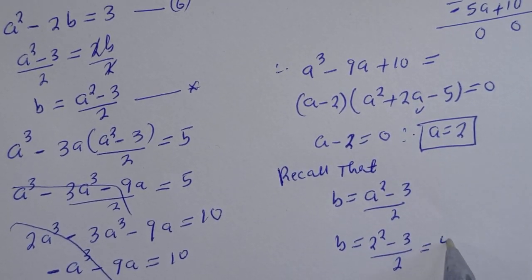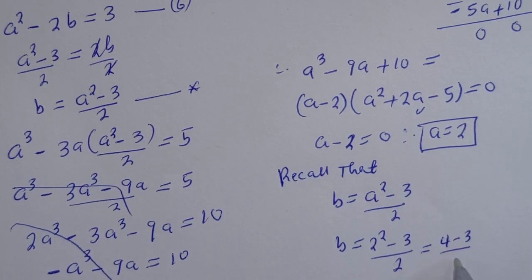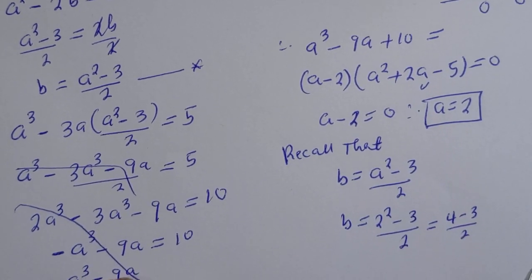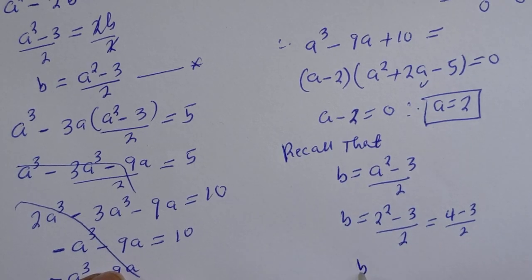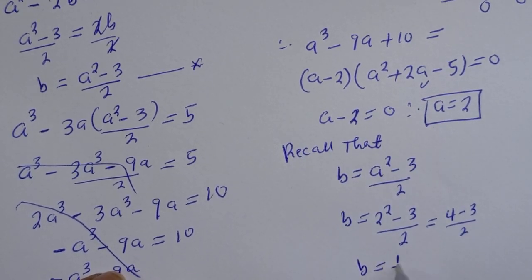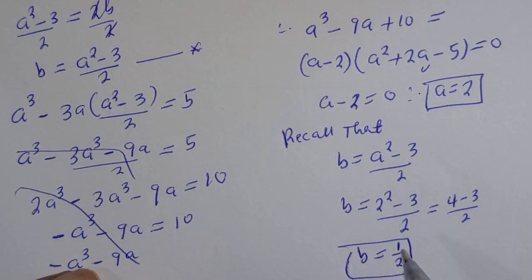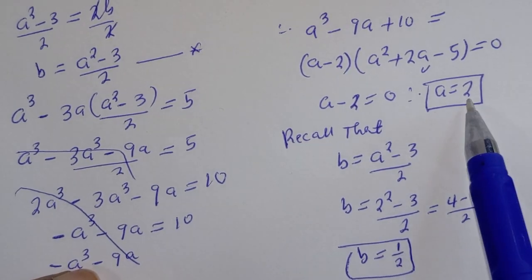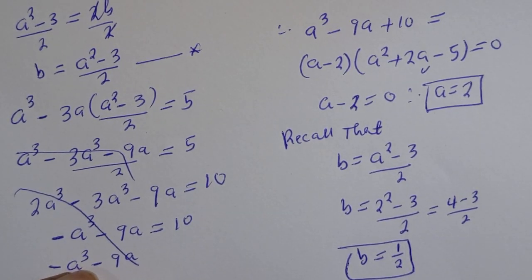This is 4 minus 3 over 2, and b will be equal to 1 over 2. We've known the value of b, which is 1 over 2, and a is equal to 2. Now let's get the value of our x and y.